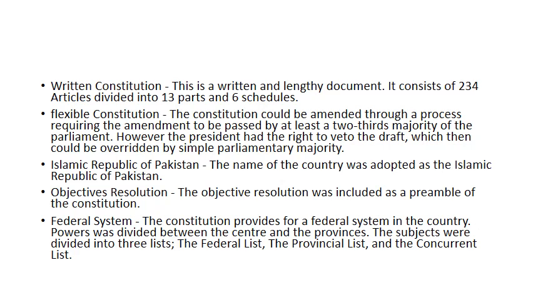In the concurrent list, such subjects were included which were under provincial domain but of national interest, for example, minerals. On such subjects, the province and center together make laws.